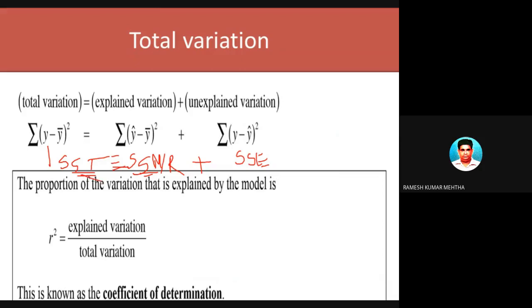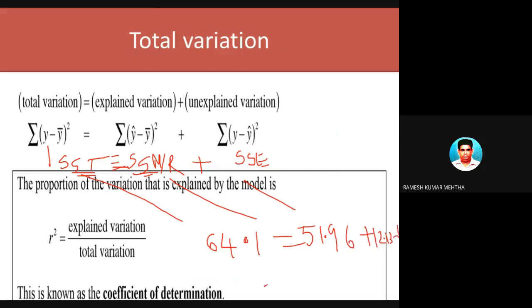So let's put these values. It is 64.1, as already calculated, equal to 51.96 plus 12.13, which is almost 64.1. This is the way we have to understand the equation.